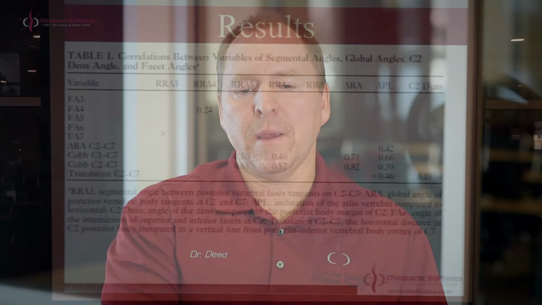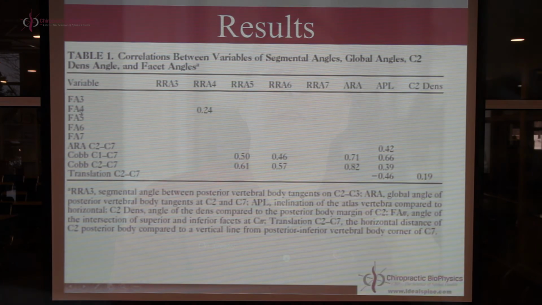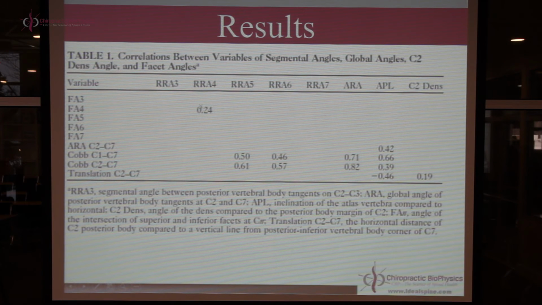When I start to look at whether there are correlations between these variables and facet angles, the only thing that I really see is facet angle 4 is correlated to relative rotation angle 4, but it's very weak. So this is facet angle, the slope of the inferior and superior surface of the C4 facet: is it correlated to a segmental angle at C4?